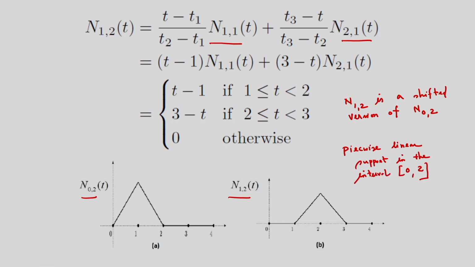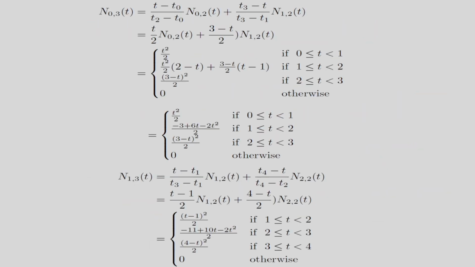This is commonly known as the hat function. They are used as blending functions during linear interpolations. So if you see this one, this is the hat function, and this is also a hat function, and in this case I can show the N03.